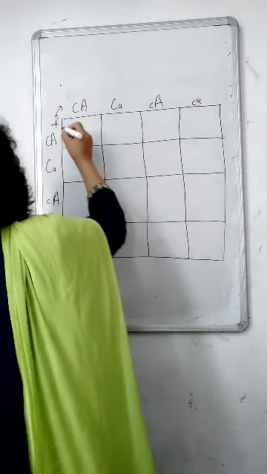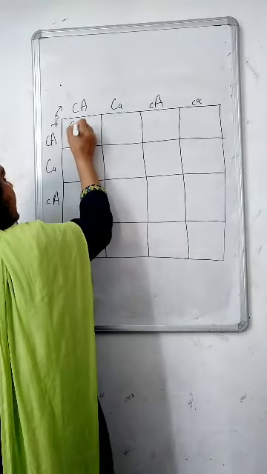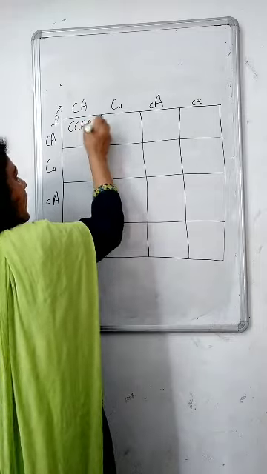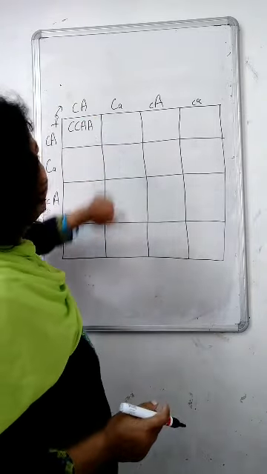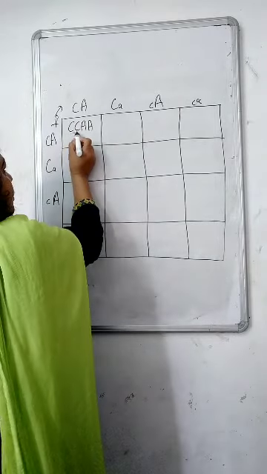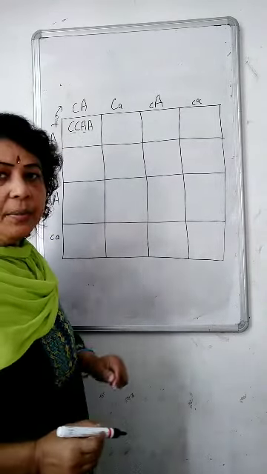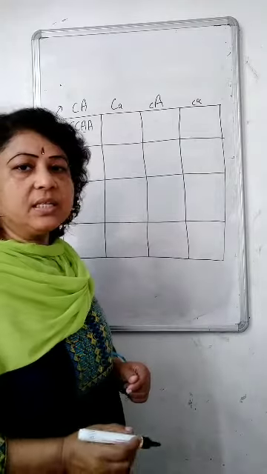Okay. So the first, capital C capital C, capital A capital A, is homozygous dominant for both the alleles. When both genes are present in dominant condition, it produces agouti.